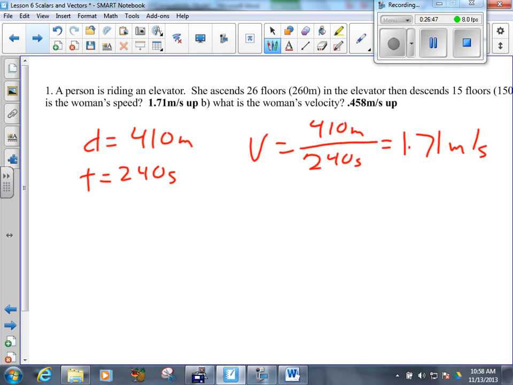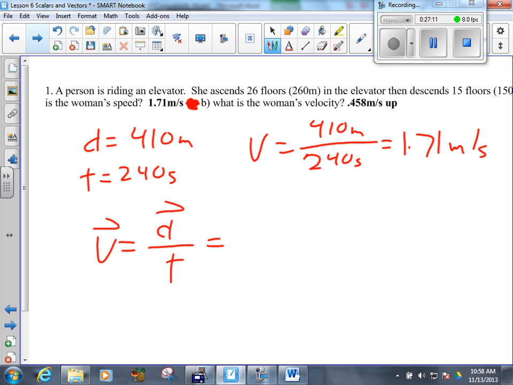This should not be here on that question. Why should there not be up next to a value for speed? Well, it doesn't matter because speed is scalar, and scalar quantities don't have direction. Now the woman's velocity. If I'm going to calculate average velocity, I need the displacement over the time.